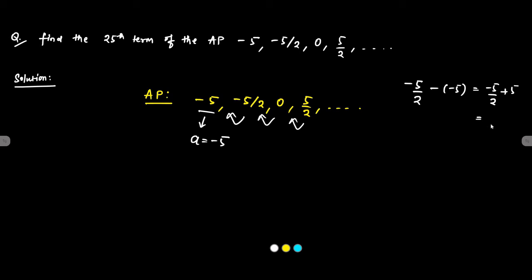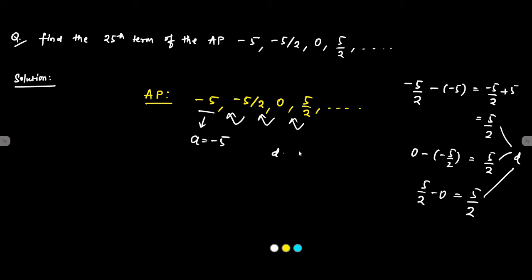So it is equal to 5 by 2. Similarly 0 minus (minus 5 by 2), so it is 5 by 2. So a constant difference of 5 by 2 is maintained throughout. So this is the common difference, d is equal to 5 by 2.